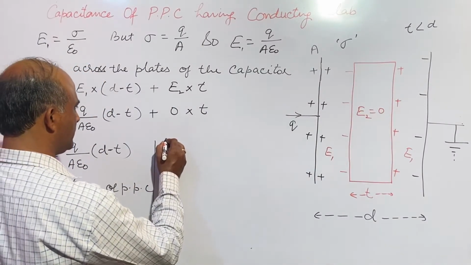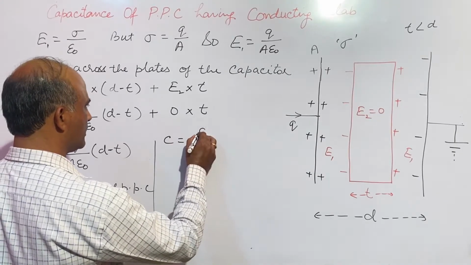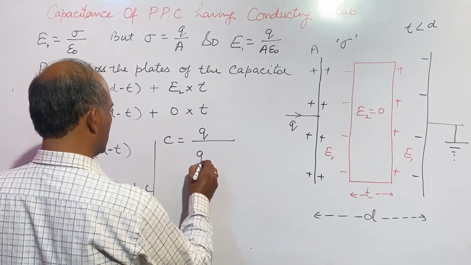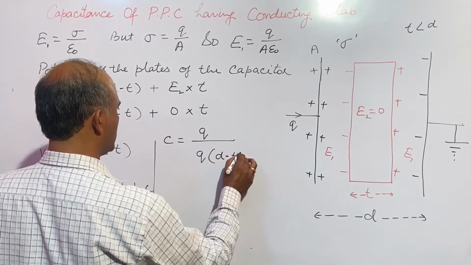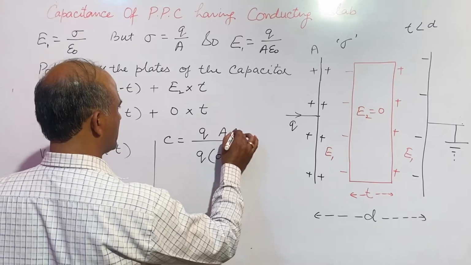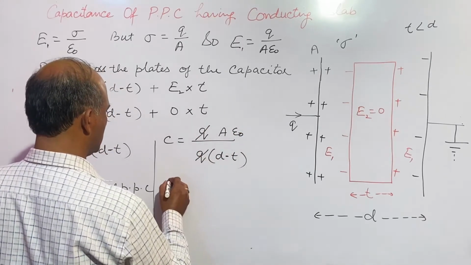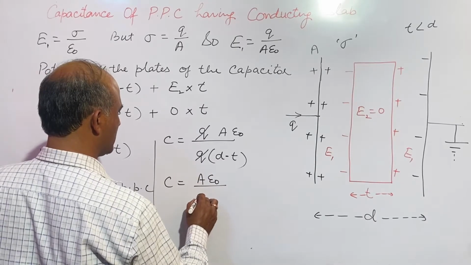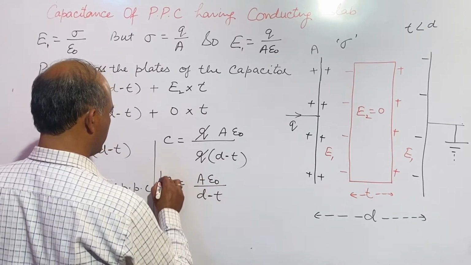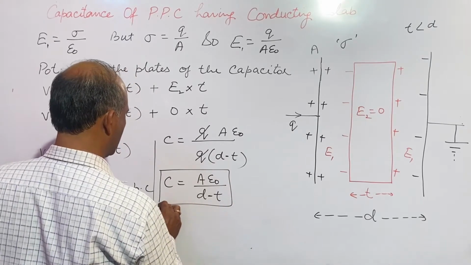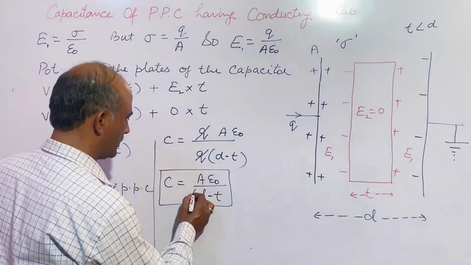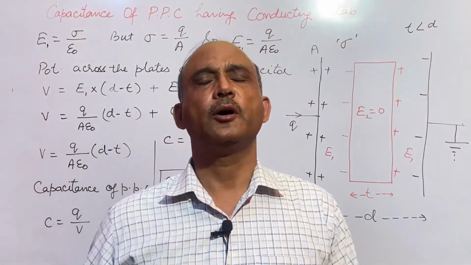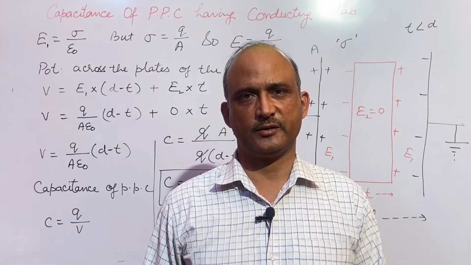On putting the value of V, C is equal to q upon q, d minus t, upon A epsilon naught. Cancel out. So C is equal to A epsilon naught upon d minus t. It is the capacitance of the capacitor having conducting slab partially filled between its plates.